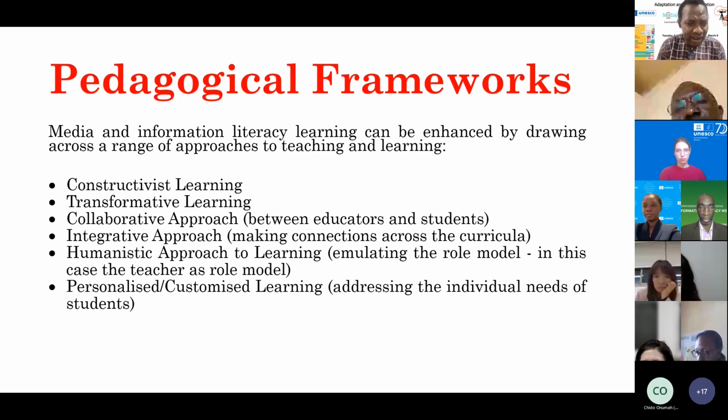It can be a humanistic approach to learning, emulating the role model, and this is where you come in as the educator, because they are watching all your moves in the class: the kind of examples you draw from, your body language, your communication ability, how you engage them, how you free them to express themselves, and the kind of illustrations you use.